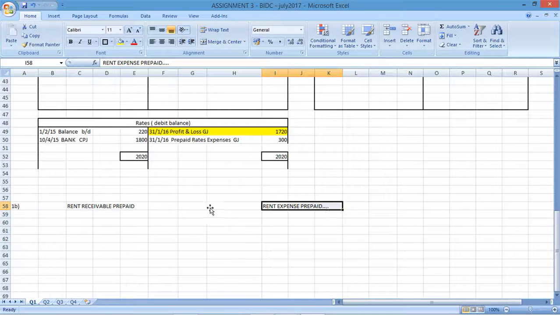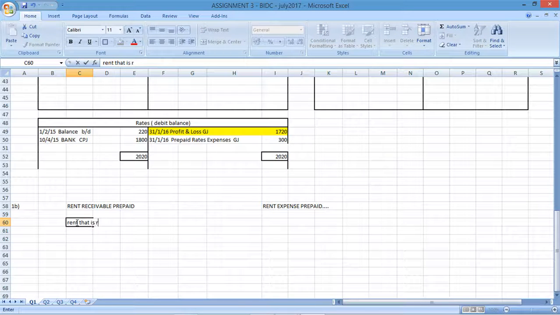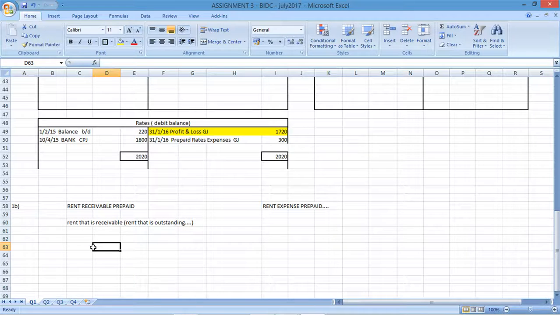So that should be income, well, relating to income, because it's prepaid. We're looking at the rent that's receivable, so maybe just to put a note here, rent receivable would be rent that is outstanding, from my interpretation of what the word means. If something is receivable, it means it's going to be collected.